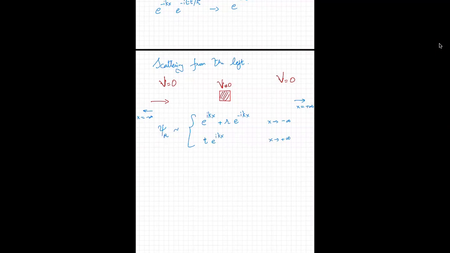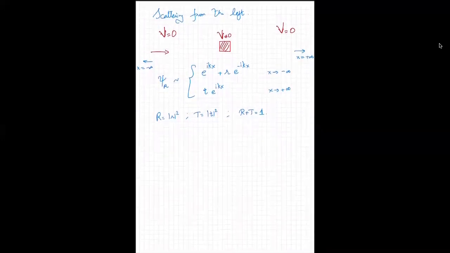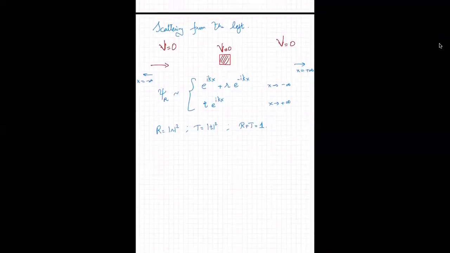And the reflection coefficient capital R is modulus r squared, and the transmission coefficient capital T is modulus t squared, and as you know, for conservation of probability, R plus T has to be equal to 1. Okay, so this is all stuff that you have seen before. So this is the picture when I scatter things from the left. Okay, let me underline this stuff.